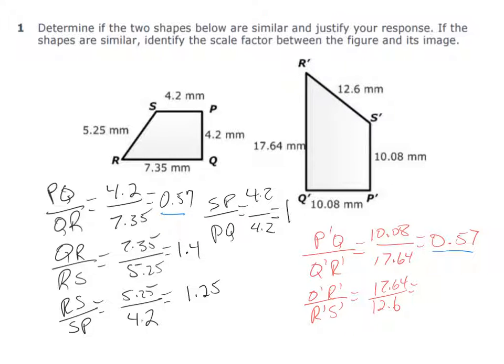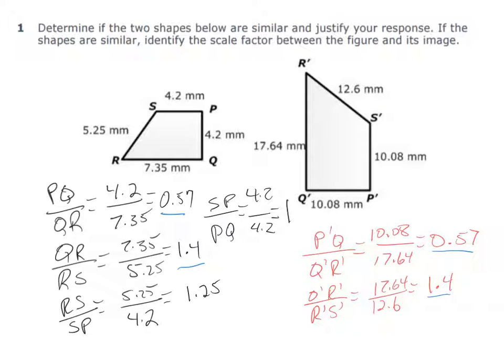If I simplify with my calculator, 17.64 divided by 12.6, I get 1.4. Now we need to see, do our primes match up with our original, and it does.